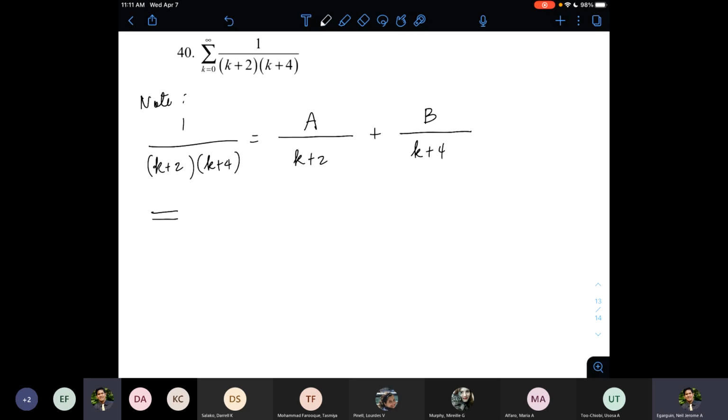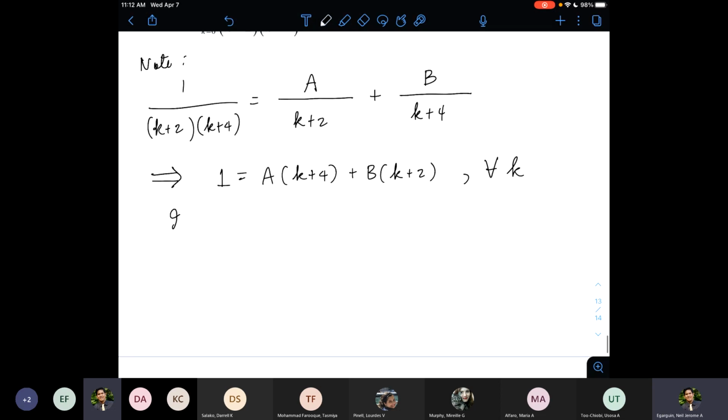Now we'll use again the same technique we did in chapter 8. So we multiply both sides by the denominator of the original fraction. So this will become 1 equals a times k plus 4 plus b times k plus 2, which is true for any k, right? And we'll take advantage of that fact.